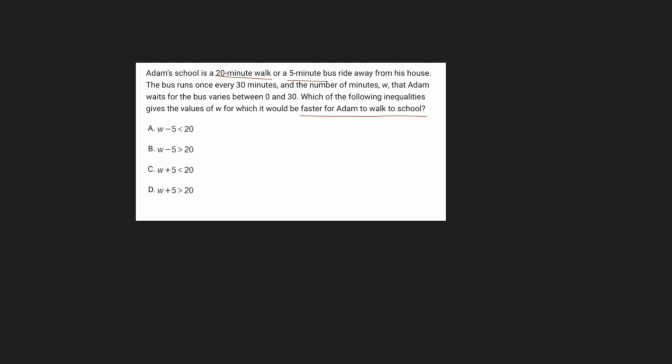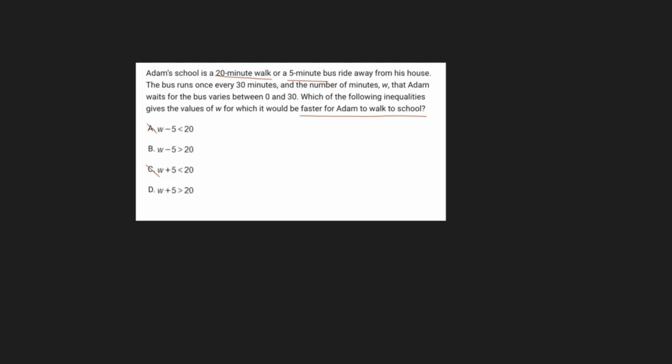So first off, we can eliminate two answer choices because these don't show that relationship. So the first one is A, and then the second one is C, right? These show that 20 is greater than the left side, which we don't want. And now we're down to B or D. Well, the thing with B is it shows W minus 5. In reality, this doesn't really make any sense because that 5-minute bus ride is not taking away from the waiting time, right?